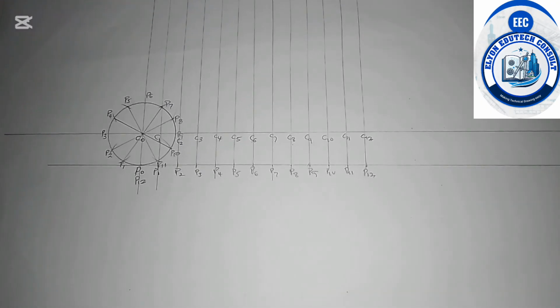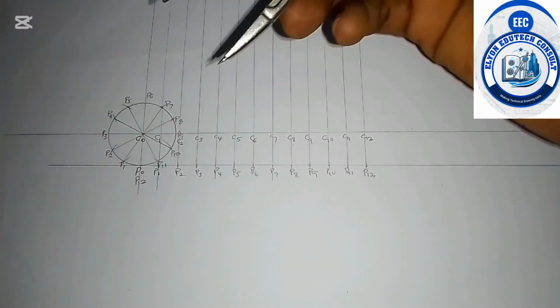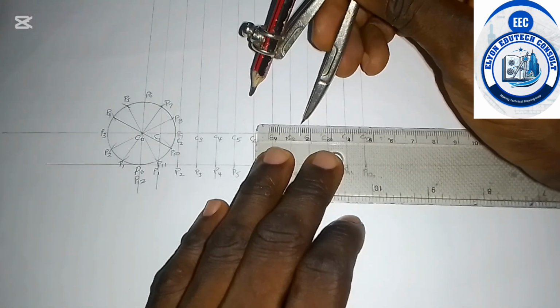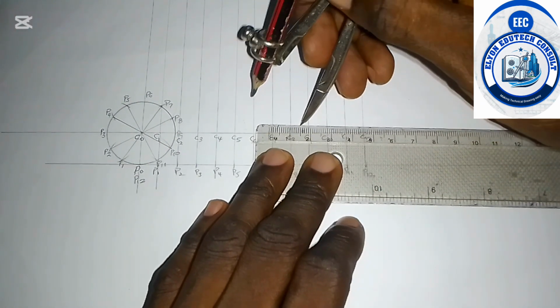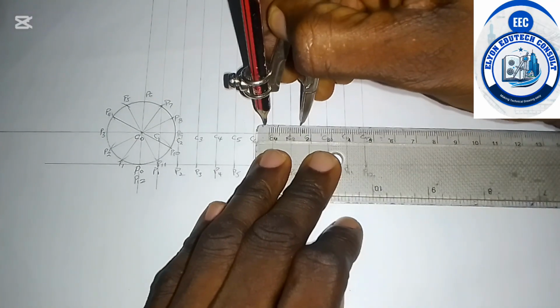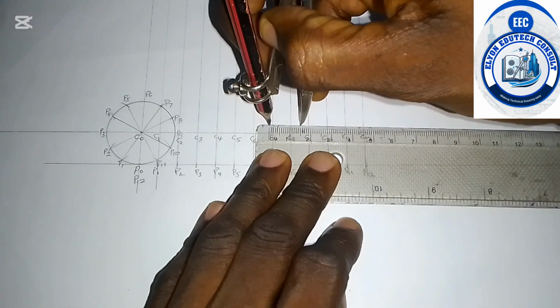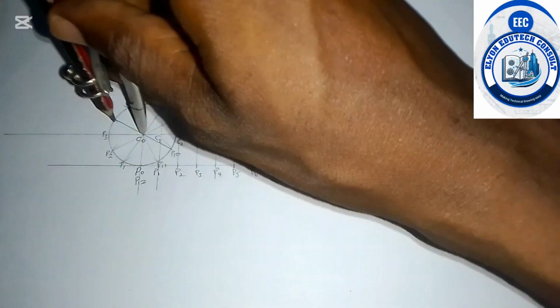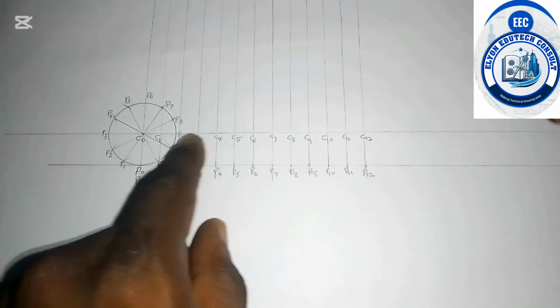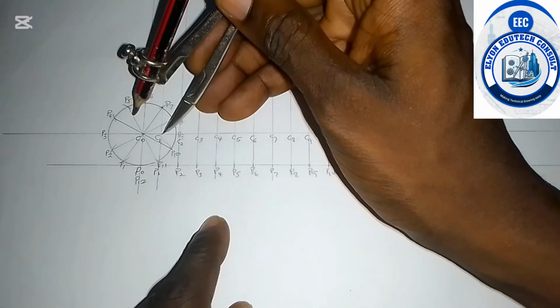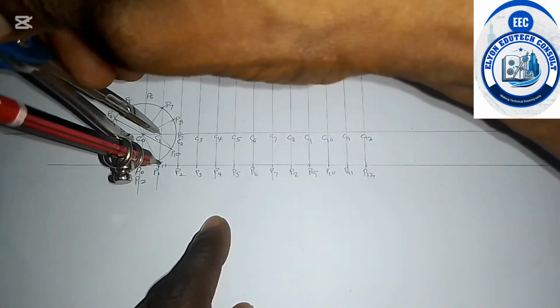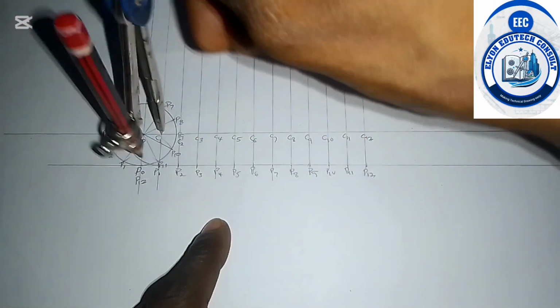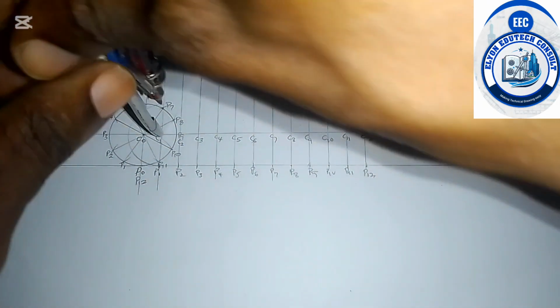So the next thing I'm going to be doing now, I'm going to stretch my compass to the radius I used in drawing the disc. Don't forget we used 1.5 for the radius, which is this. So I'm going to needle on each of the centers. Starting with C1, I'm going to produce this circle.